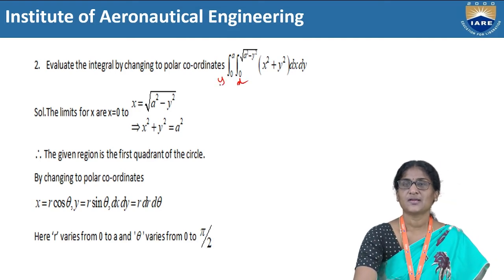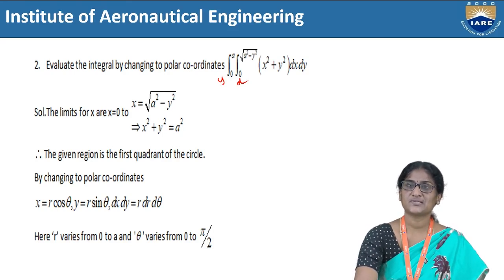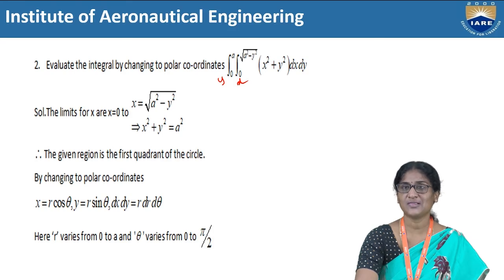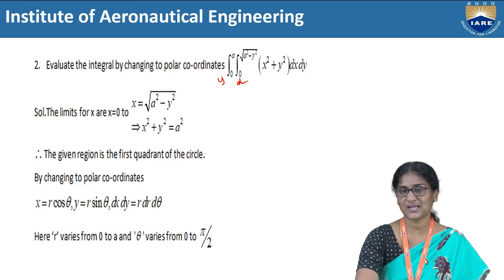Everything cannot be given in the question; everything will be hidden in the question. So we have to guess to what variable the limits are given, and how to proceed. Looking at the question itself, you can say that one set of limits are variable limits and the other are constant limits. When variable limits are given, we have to guess properly to what variable they belong. As we have only two variables, the guessing becomes very easy.